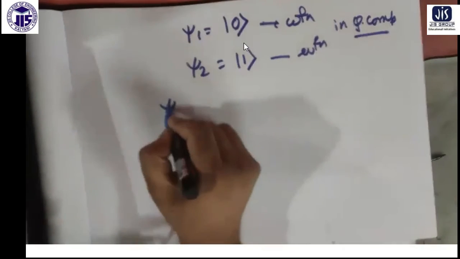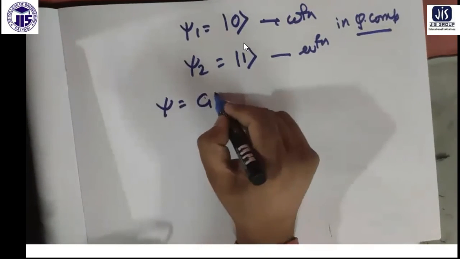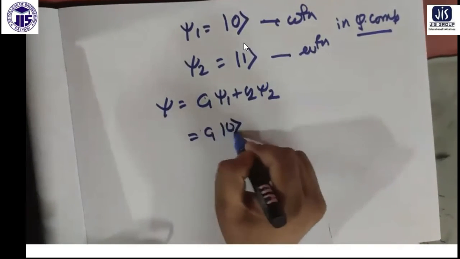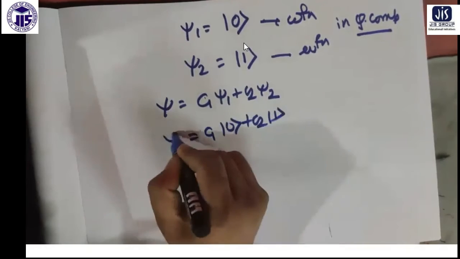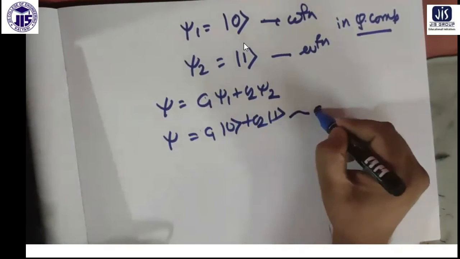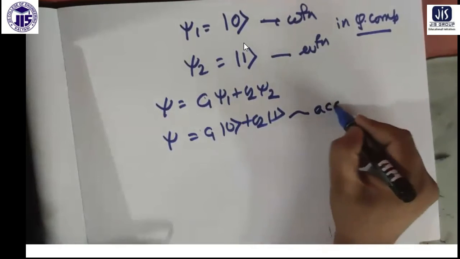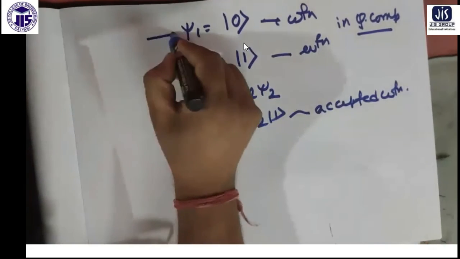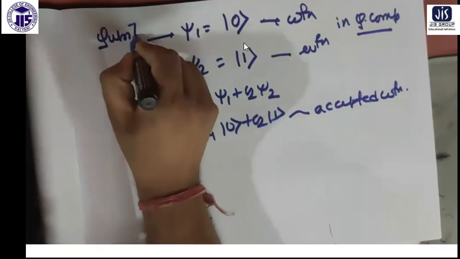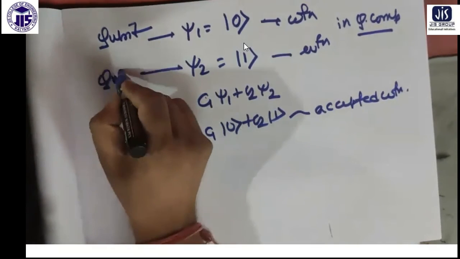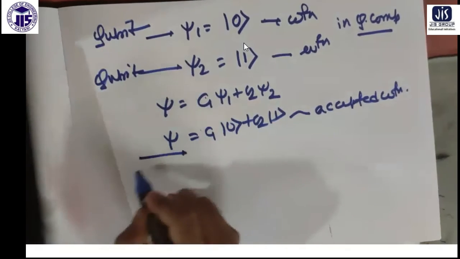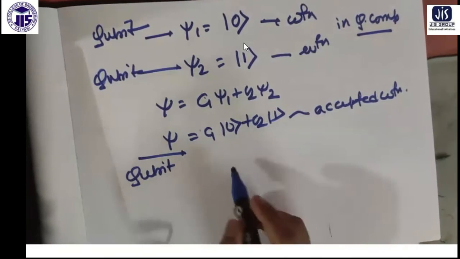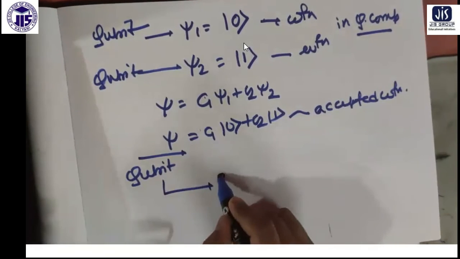It tells us that if I take a linear combination of these two, c1 psi1 plus c2 psi2, that is c1 times 0 plus c2 times 1, this will also be an accepted wave function. In quantum computation, this means a quantum bit. So this combination will also be a quantum bit, which gives the option that the number of quantum bits is enormously high.